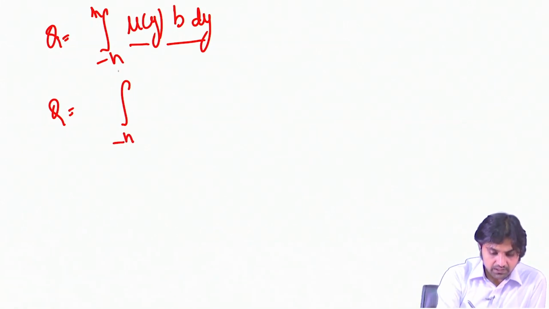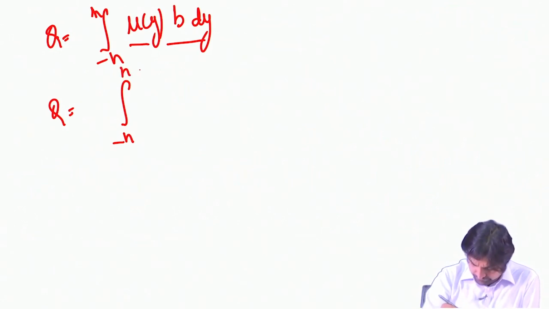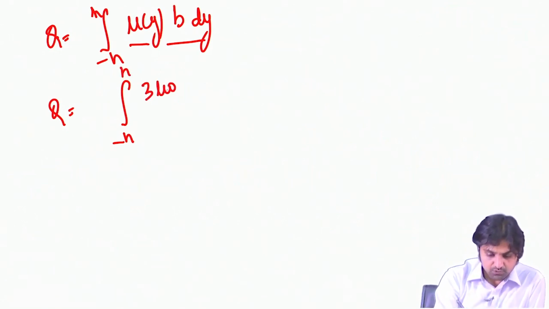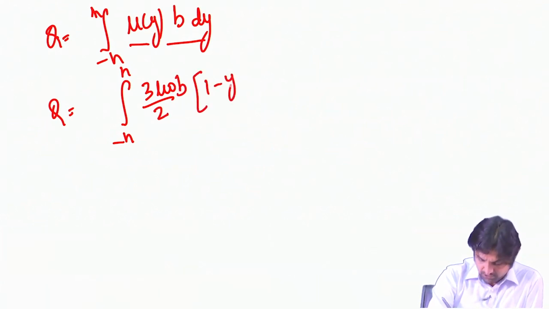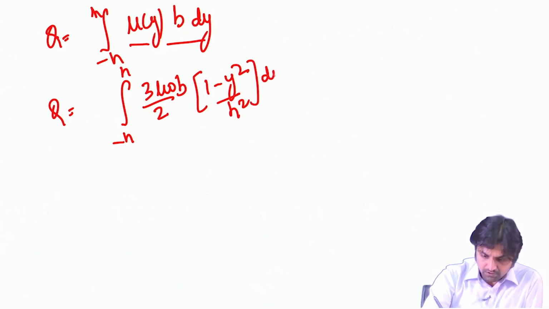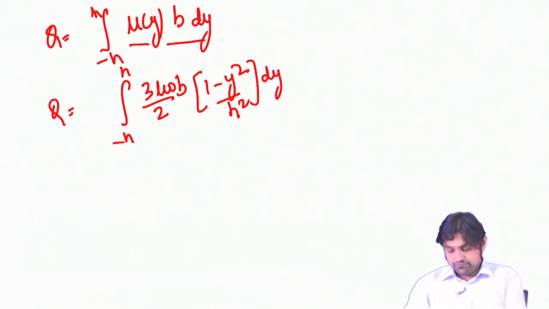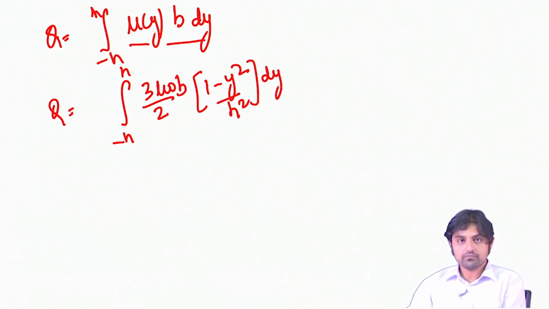So from minus h to h, it becomes 3 u naught by 2 b into (1 minus y square by h square) dy. Now we have to simply integrate it.